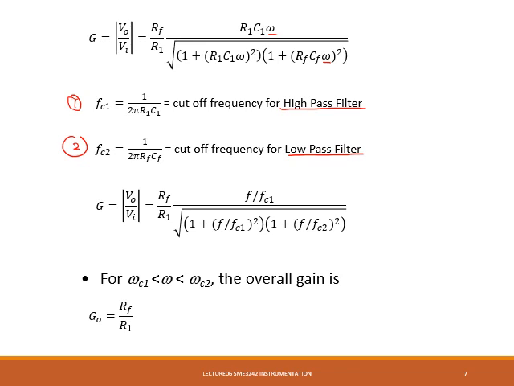In terms of frequency ratio form, this is the equation that considers F over FC1 for the high pass part, and F over FC2 for the low pass part. As for the overall gain, it is the gain when the frequency is between cutoff frequency 1 and cutoff frequency 2, which is RF over R1.